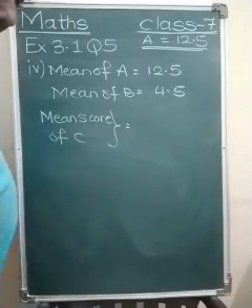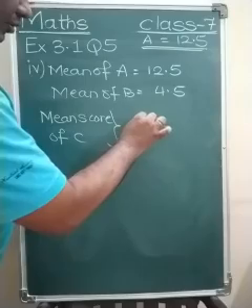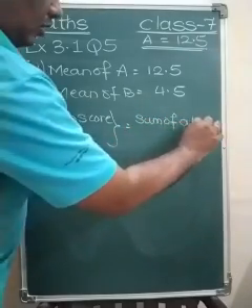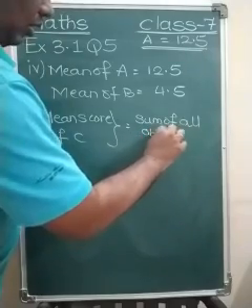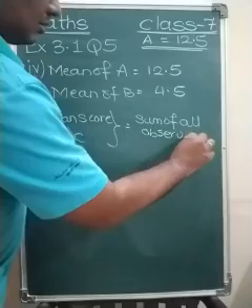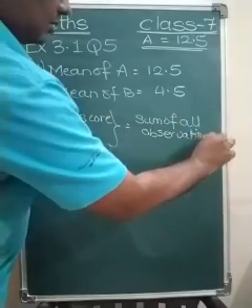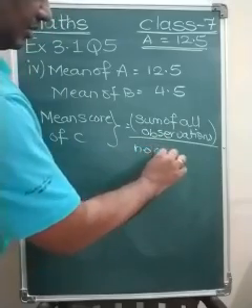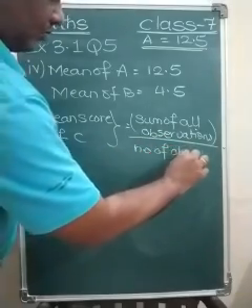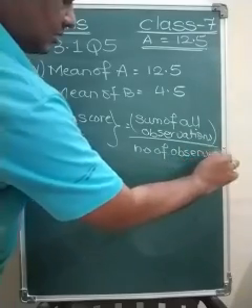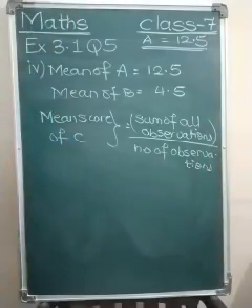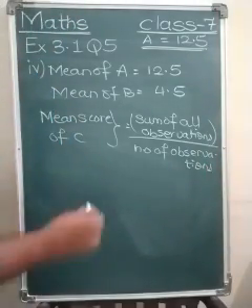Okay, so in the first game C scored, again write down the formula, sum of all observations divided by number of observations.